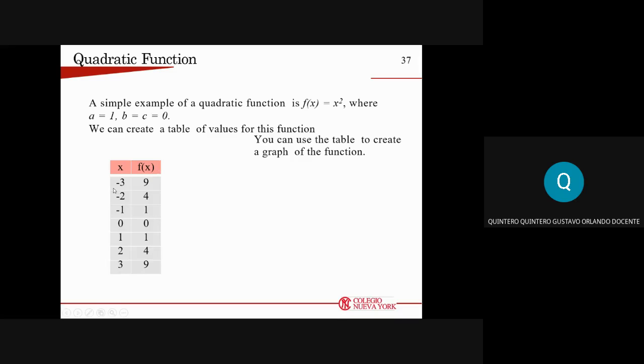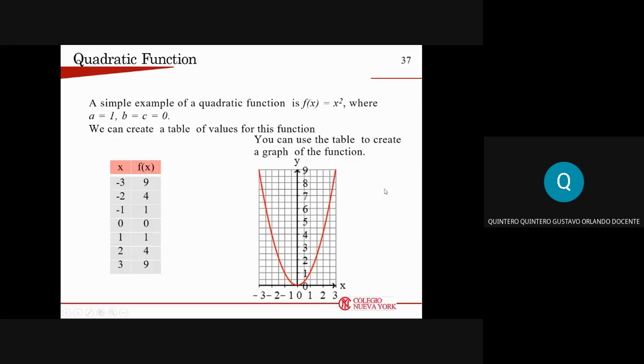Now, you can use this table to create a graph of the function if that is what you want. And this will be the graph of the function. Each and every one of these pairs is a point. So the value -3,9 is a point. Look at that. -3 for x and 9 for y. So over here in the corner is our first point.